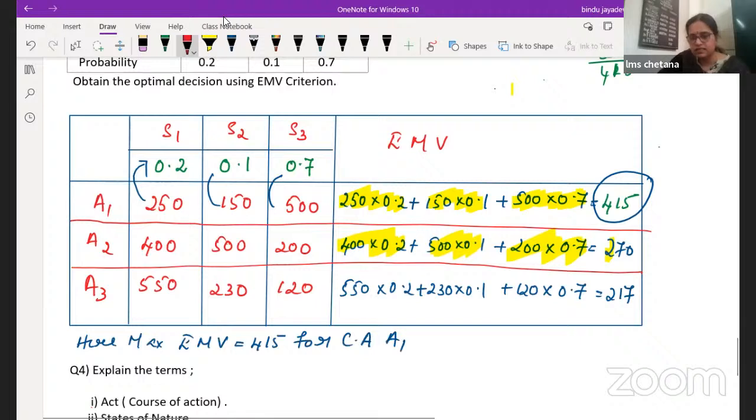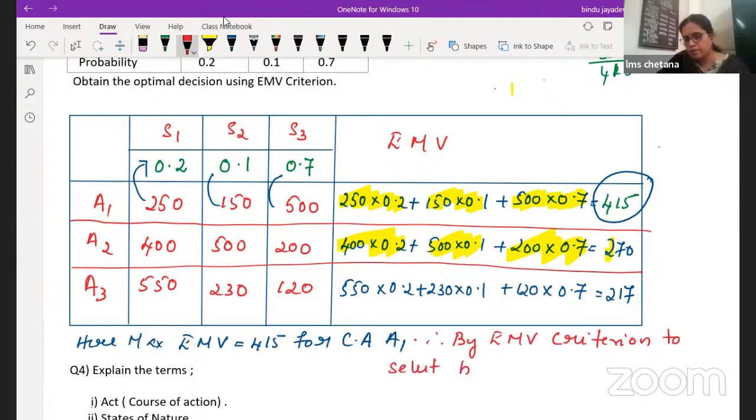Therefore, last sentence, how do we normally write it? I don't have space here. By EMV criterion, to select, the best course of action is A1, underlined. That is your answer. Finish.